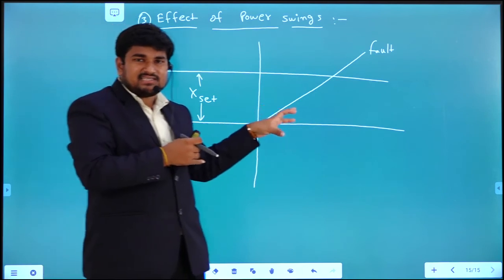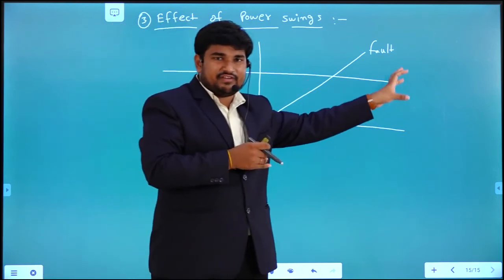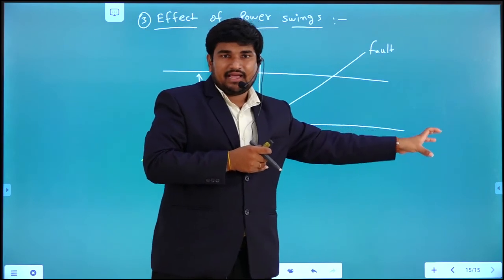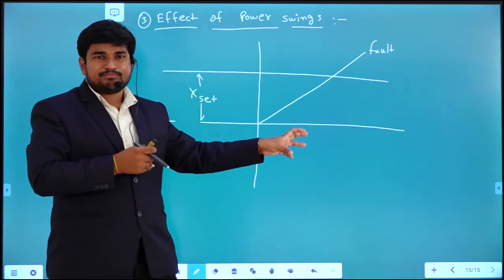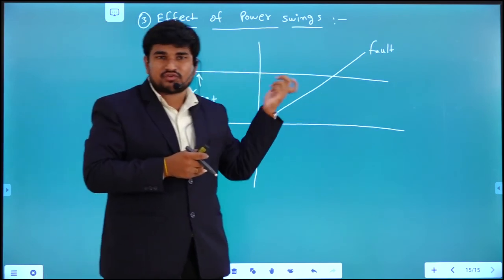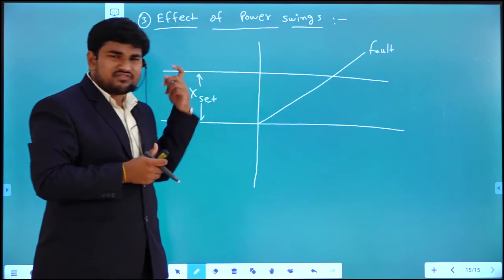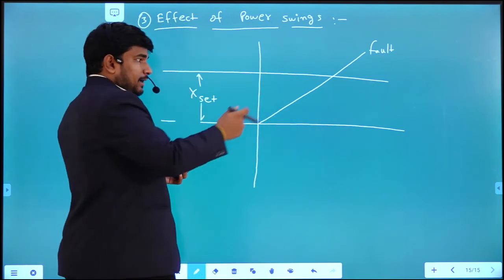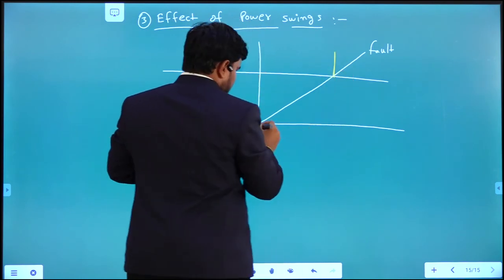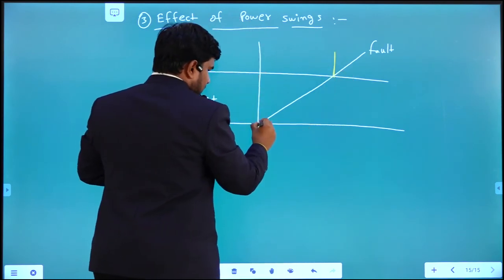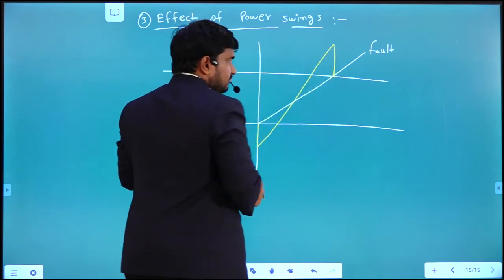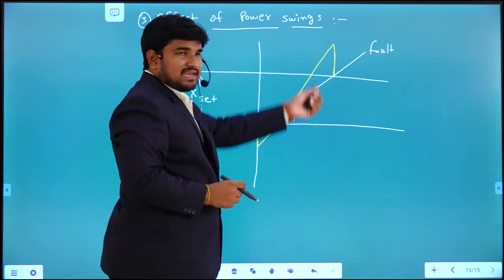That means reactance is in terms of current, V by I into sine of theta minus tau, right? As the current varies, the reactance measured by the reactance relay will also vary. So because of these power swings, the reactance will vary in the positive direction and the negative direction. Combinedly it will oscillate like this.